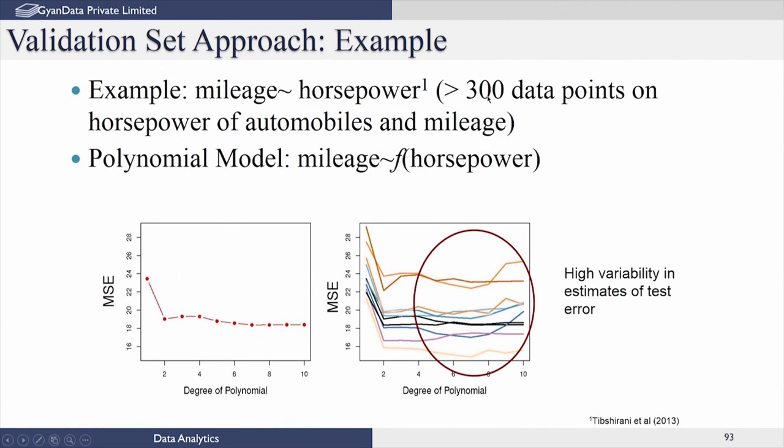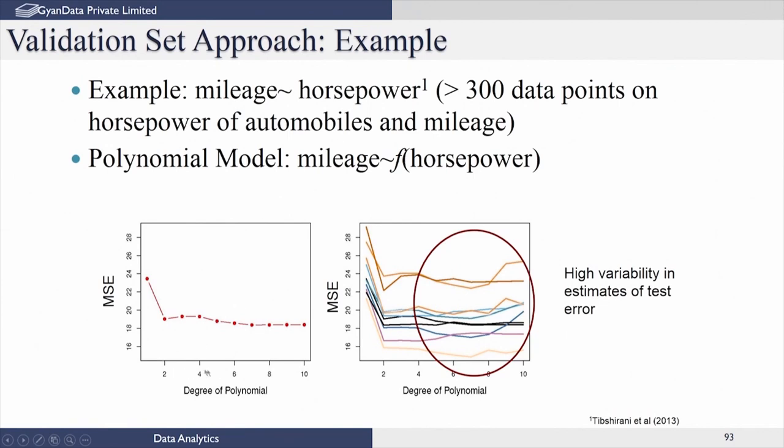So, we have 300 data points or more of different types of automobiles, for which the horsepower and the mileage are given. We are going to fit a polynomial or a non-linear model between mileage and horsepower. Of course we can also try a linear model, but a polynomial model means you can also try quadratic and cubic models and so on and so forth. So, this is what we are going to illustrate.